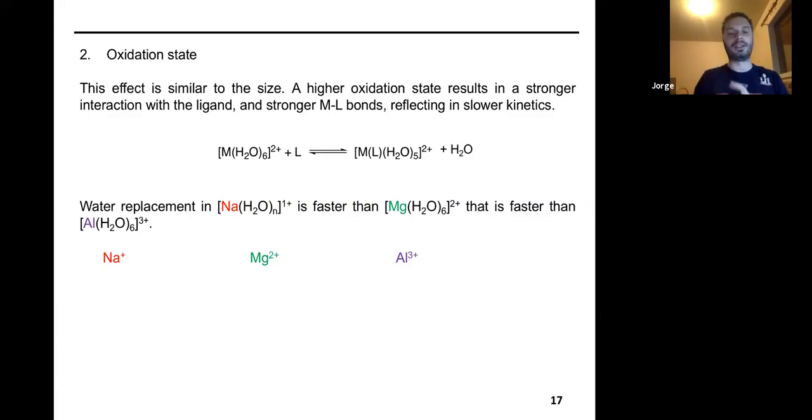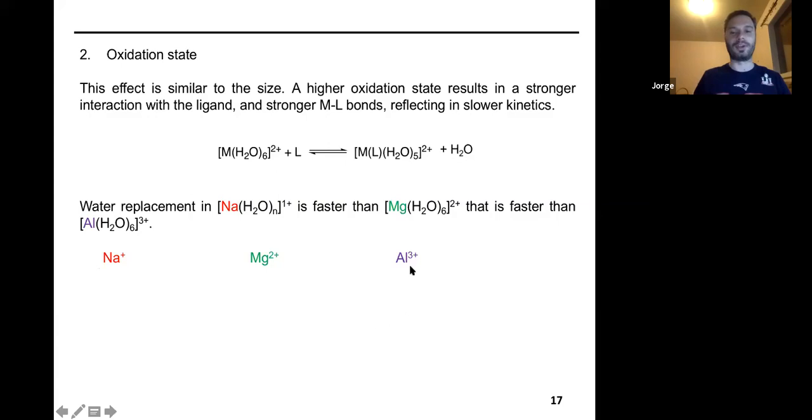an L ligand. And that can be exemplified in the water replacement in sodium complexes compared with magnesium and aluminum. The fastest one is sodium, magnesium is the intermediate, and aluminum is the slowest.